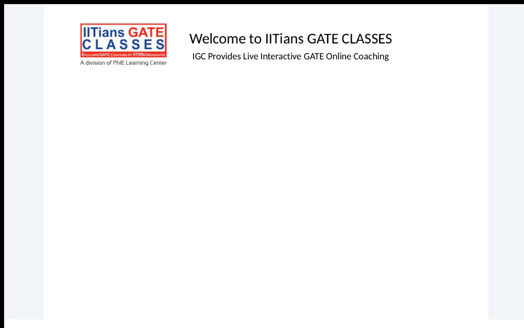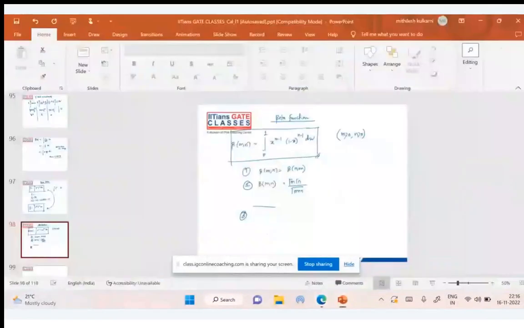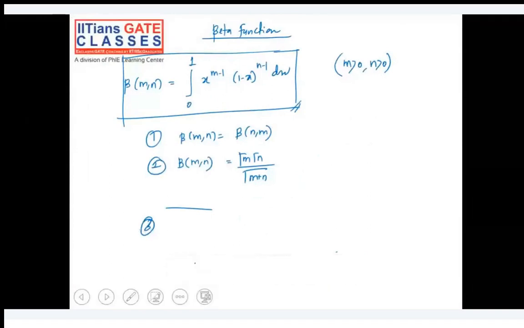Third point, which you should know is another version. Let me just go to the next page where I can write in detail. Third point is beta m comma n.